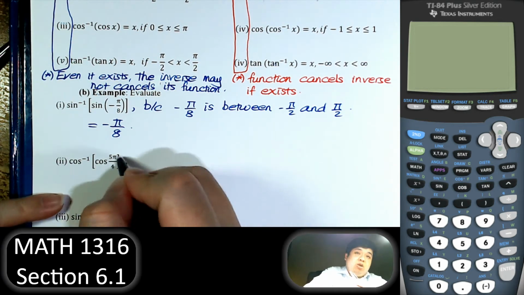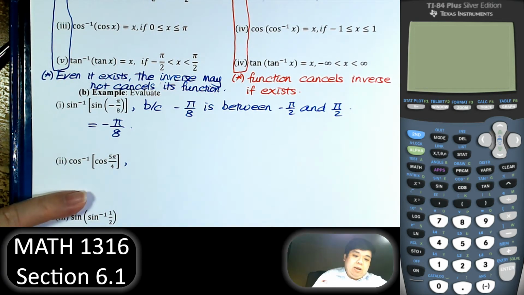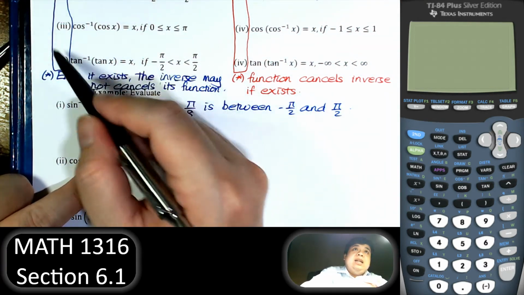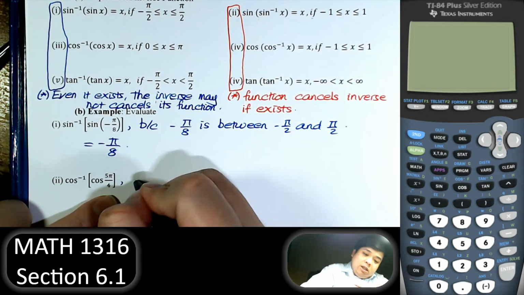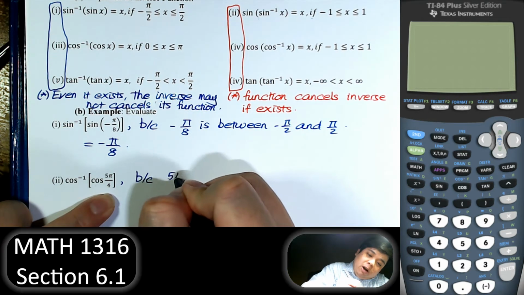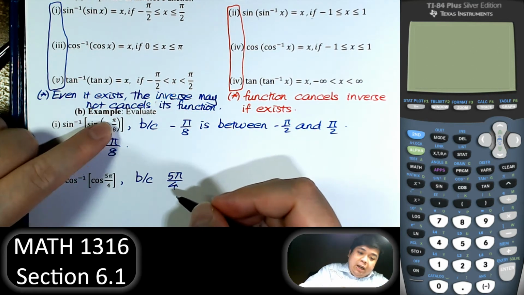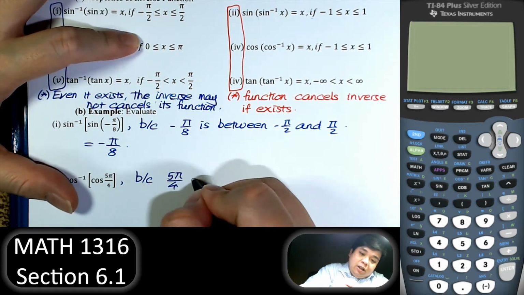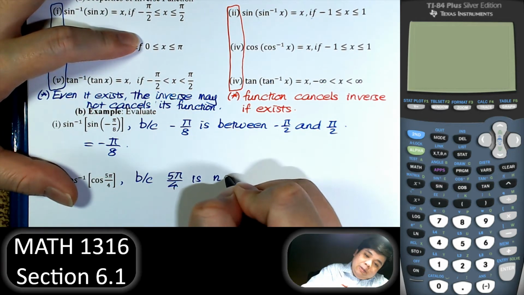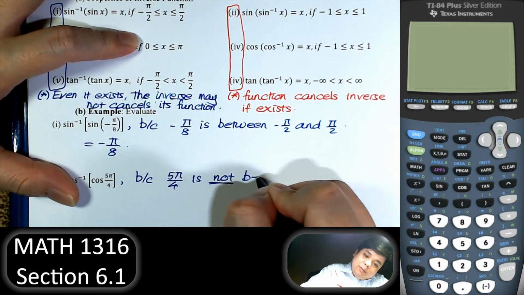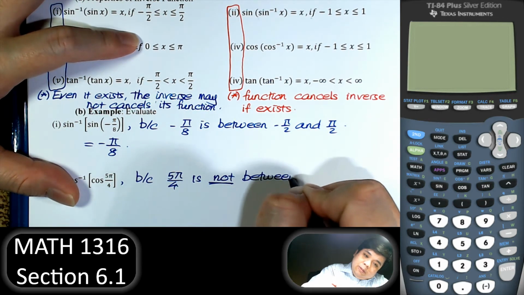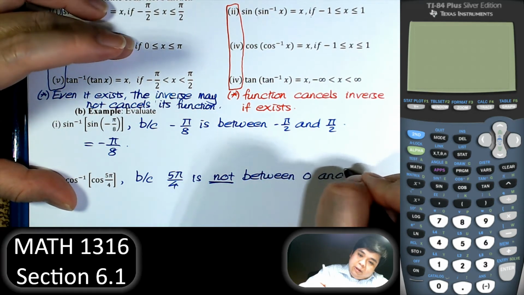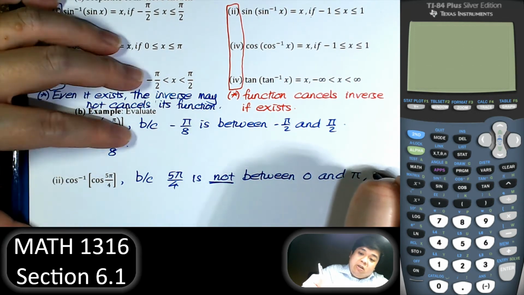So the answer is not going to be 5 pi over 4, because 5 pi over 4 is not between 0 and pi. It is bigger than pi, so it is not in this domain, meaning that they don't cancel.